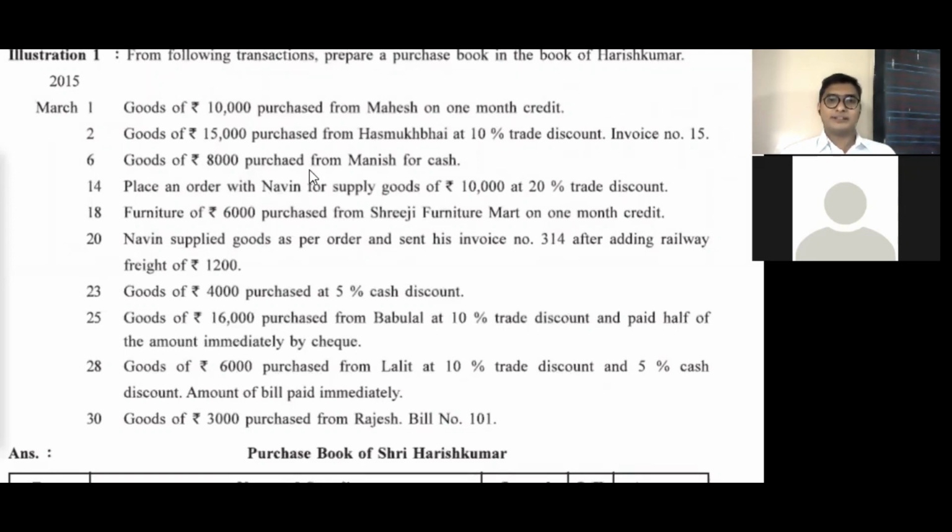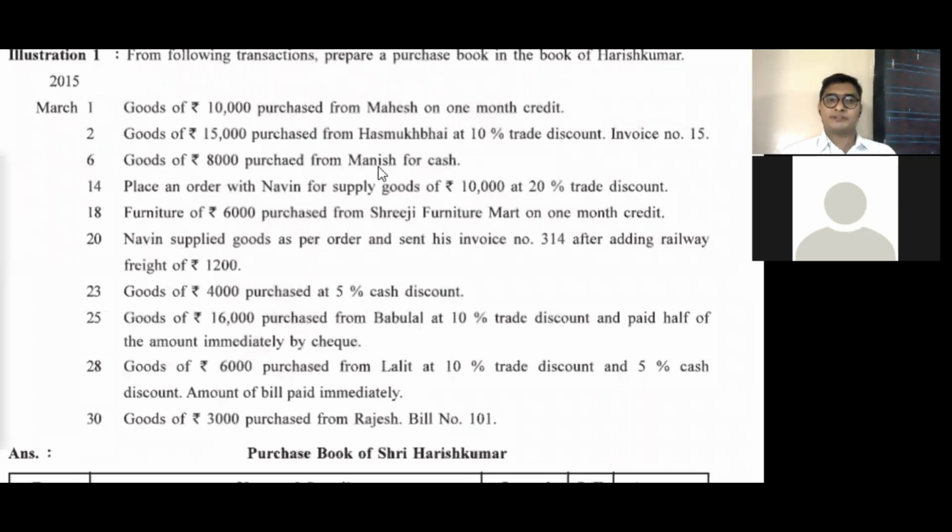Next, point number 6. Goods of 8,000 purchased from Manish for cash. Now tell me whether it is a cash transaction or credit. Cash. Yes. It is a cash transaction because the word cash is used.